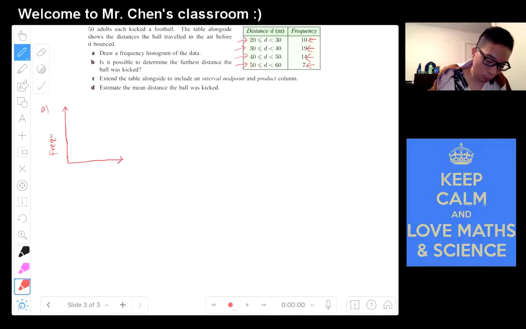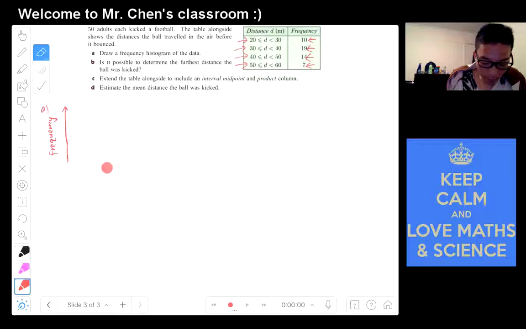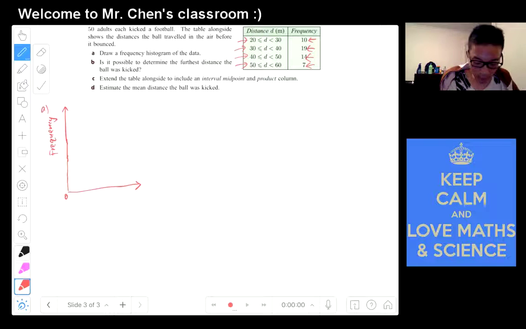Your y-axis will always be your frequency, meaning how many times that particular data has occurred. And actually I will make it a bit bigger because I'm afraid I won't have enough space. I'm a very big drawer. And always start with 0, and that is your distance travelled, distance kicked.